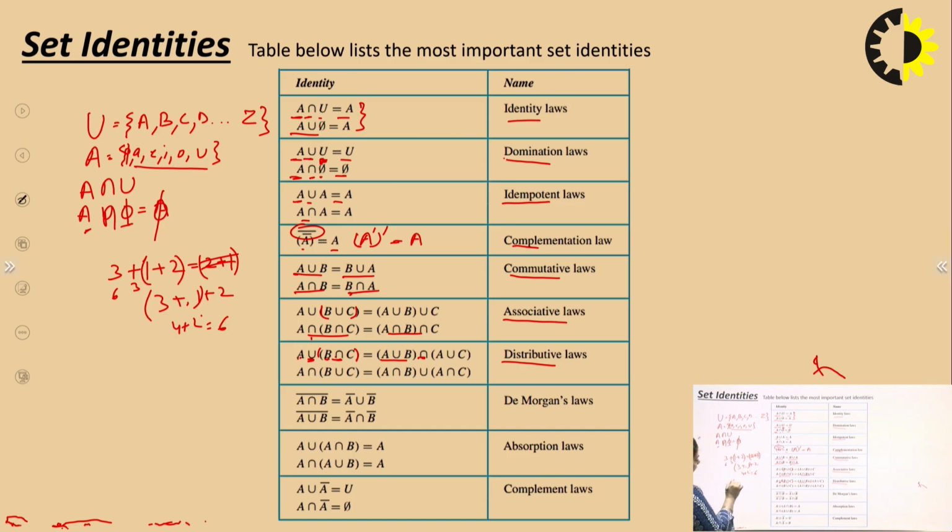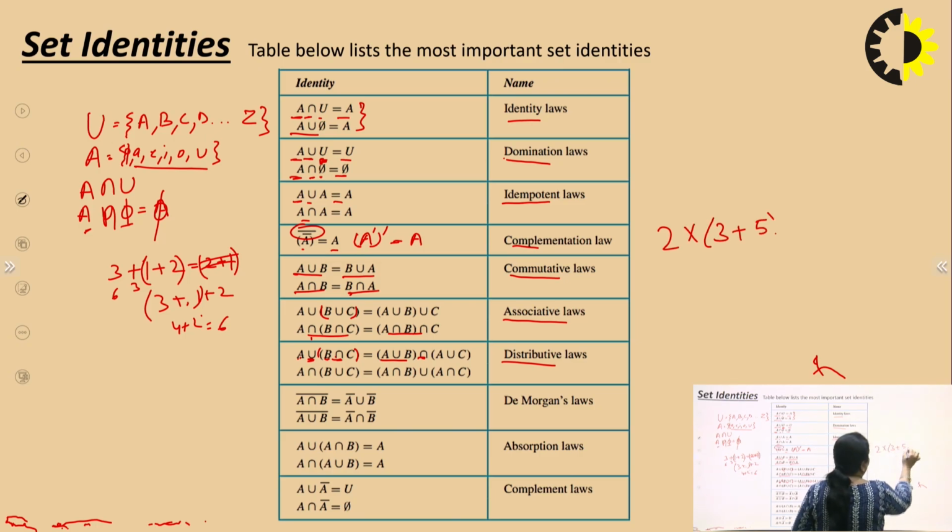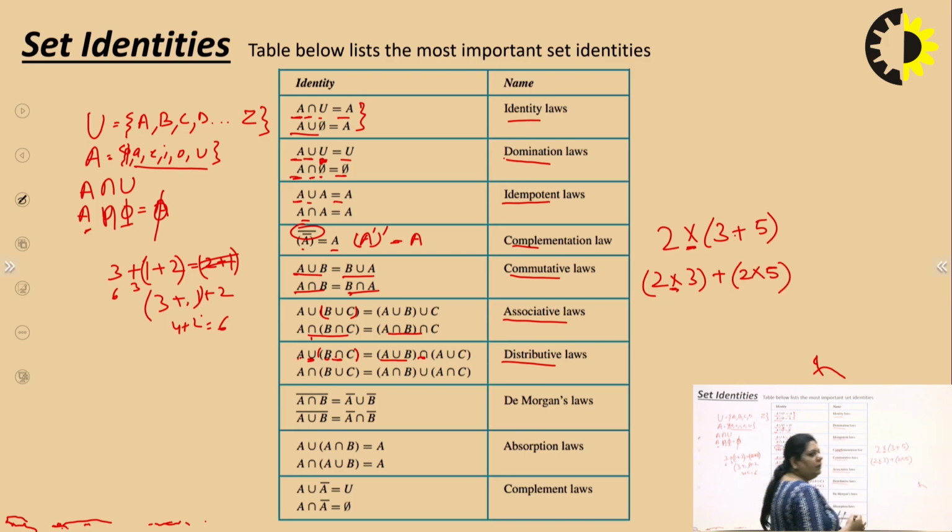Similarly, 2 multiply by 3 plus 5: 2 multiply by 3, this operation is in between, then 2 multiply by 5. The same is here. A union B intersection C: first A union B, then intersection in between, then A union C.